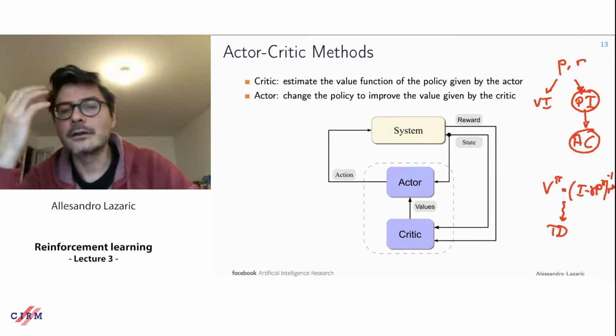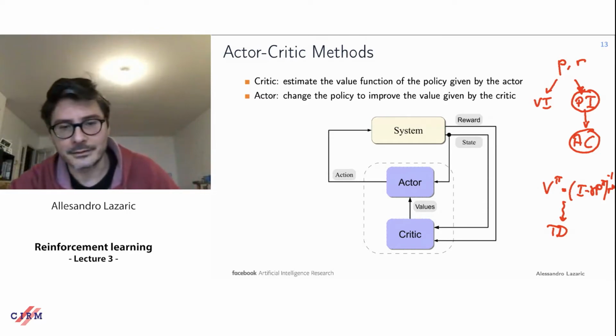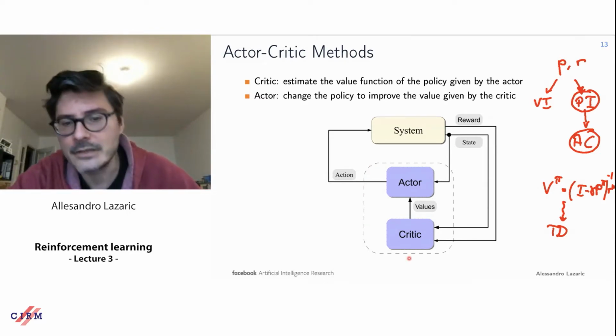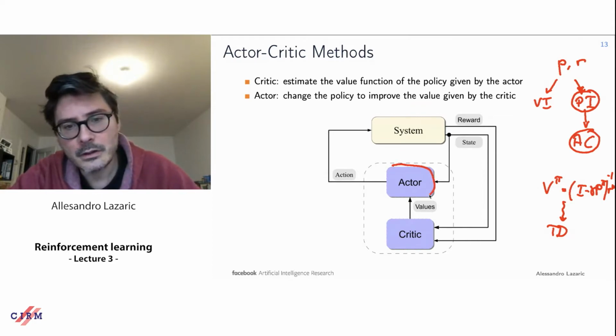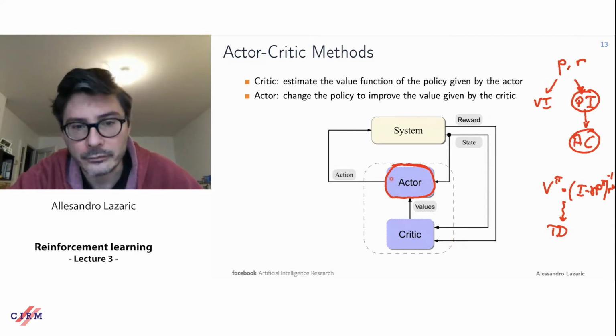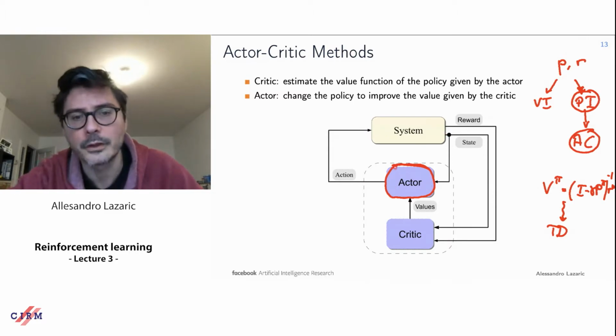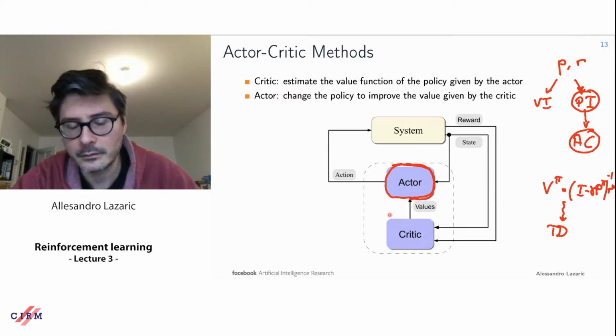And the reasoning is the following. There is a component in our agent called the actor, which is responsible for performing actions based on the current state. So if you want, this is the policy in some sense.